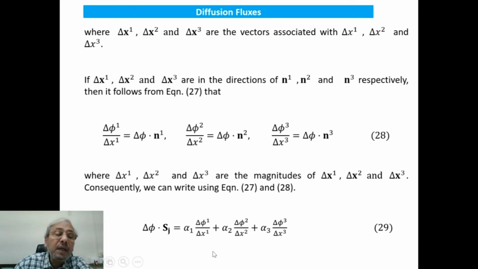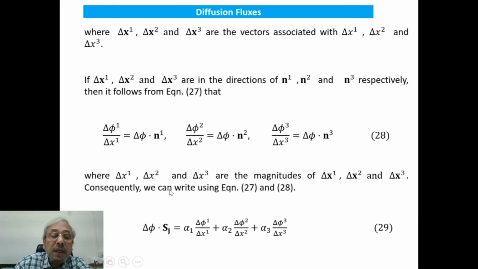From there we can write delta phi 1 by delta x1 is grad phi dot n1, delta phi 2 by delta x2 is grad phi dot n2, and delta phi 3 divided by delta x3 is grad phi dot n3, where delta x1, delta x2 and delta x3 are the magnitudes of the vectors delta x1, delta x2, delta x3.